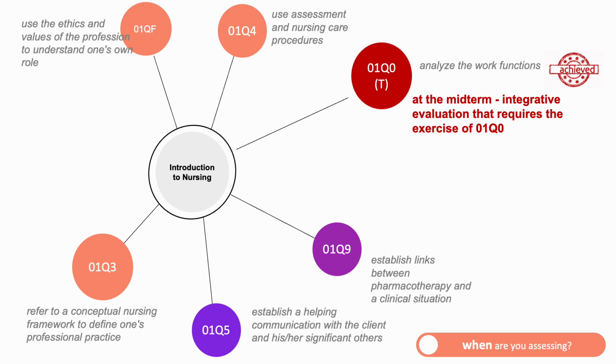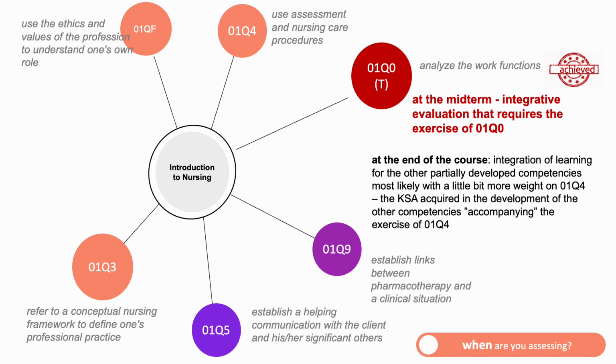So what about everything else? Well, at the end of the course, another summative assessment could measure the integration of learning for the other partially developed competencies. Rather than asking questions on exam to verify learning of knowledge and skill, I would most likely put students in a situation where they need to assess the client, 01Q4, leveraging the knowledge and skill developed in communication, pharmacology, ethics, and the nursing practice.